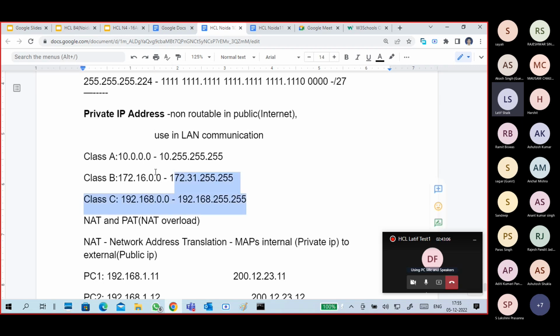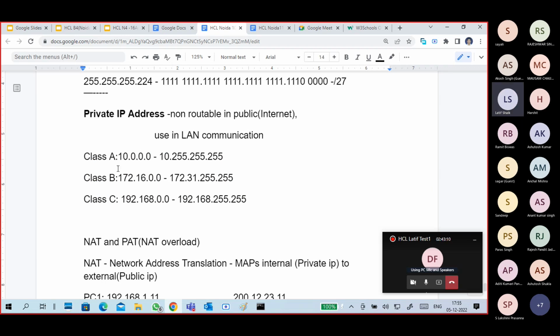These are the complete IP address ranges. Class A: 10.0.0.0, meaning the entire 10 series, 10 dot this entire series, belongs to private only.